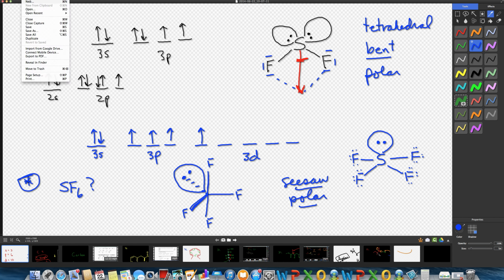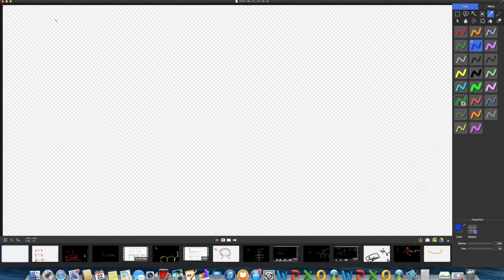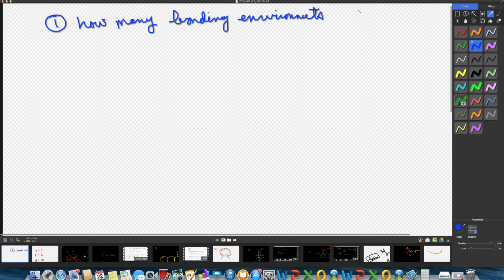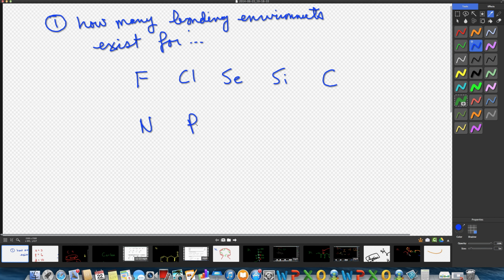Some other things to consider. How many bonding environments exist for fluorine, chlorine, selenium, silicon, carbon, nitrogen, phosphorus?